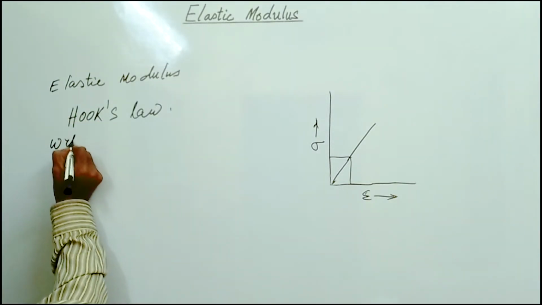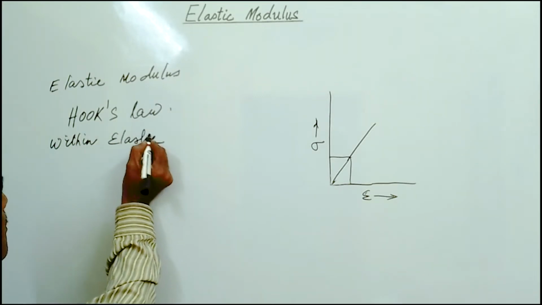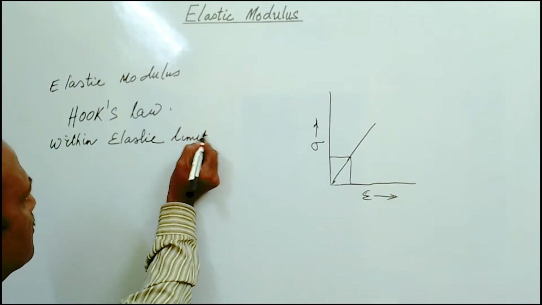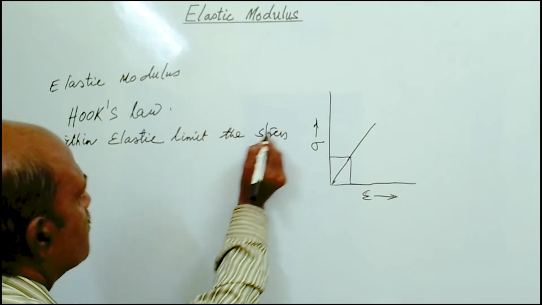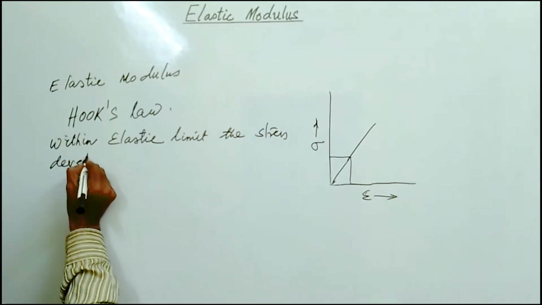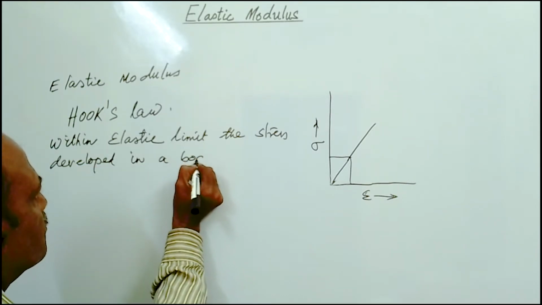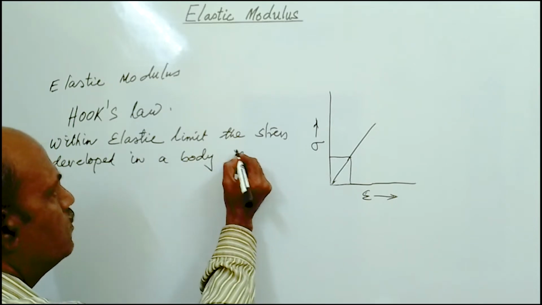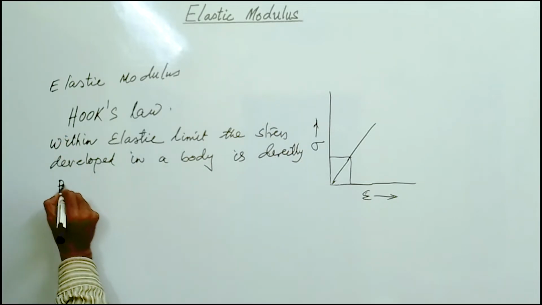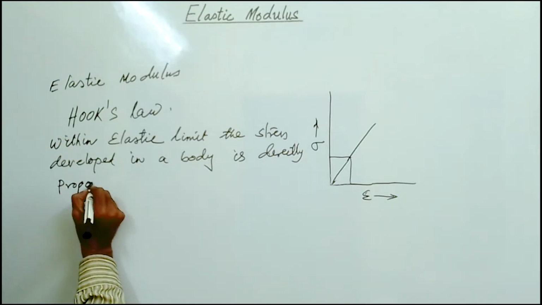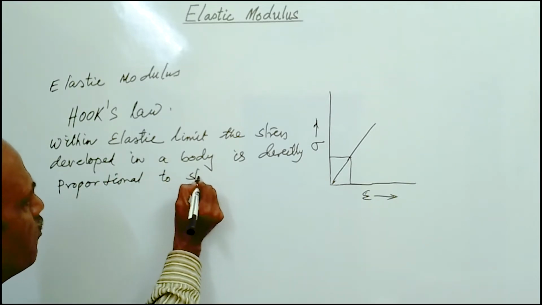So this is given by: within elastic limit, the stress developed in a body is directly proportional to strain produced.